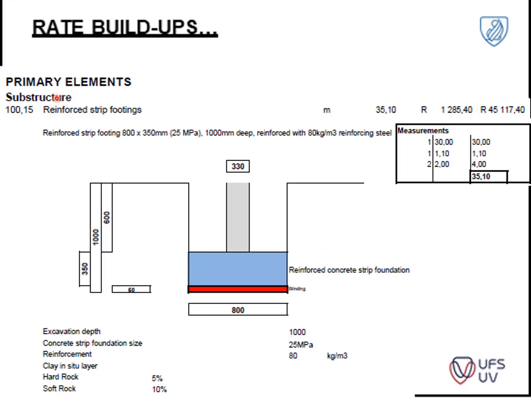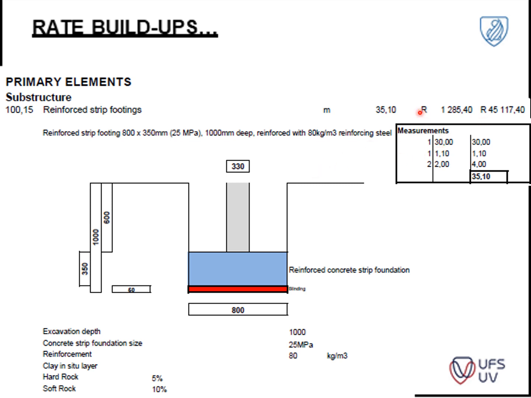In your elemental estimate, you will have your component reinforced strip footing. You measured it in meters, and you measured 35.10 meters, and you had a rate of 1,285 Rand and 40 cents to build up this rate.